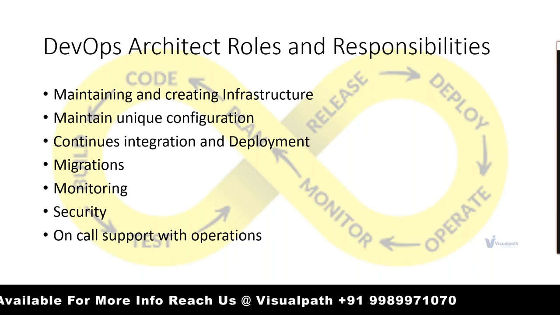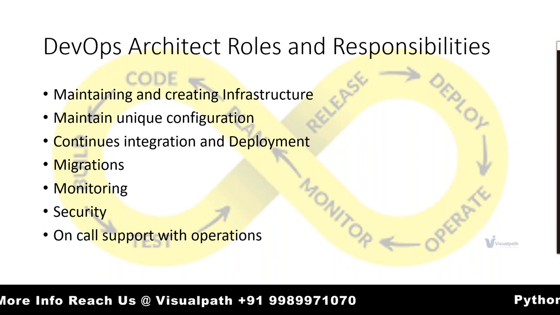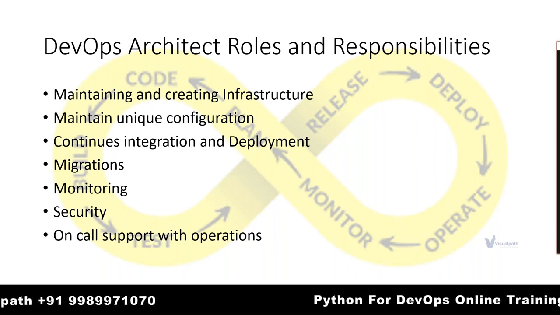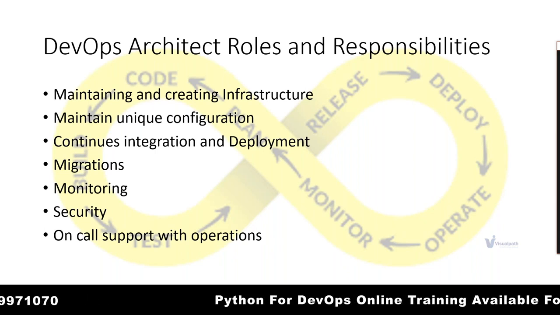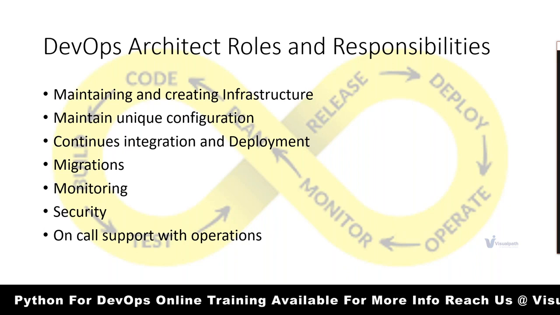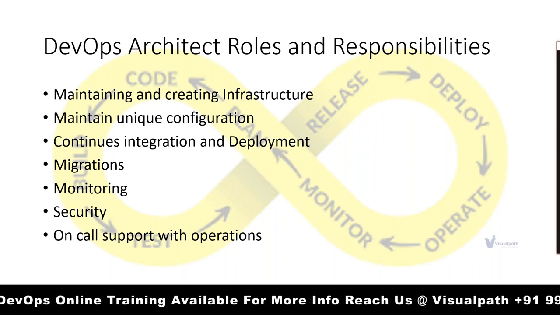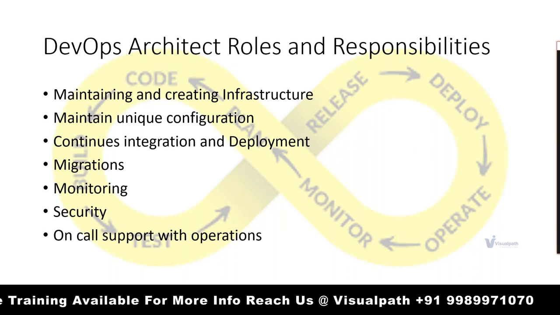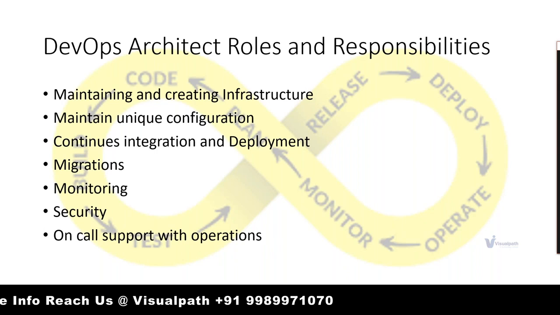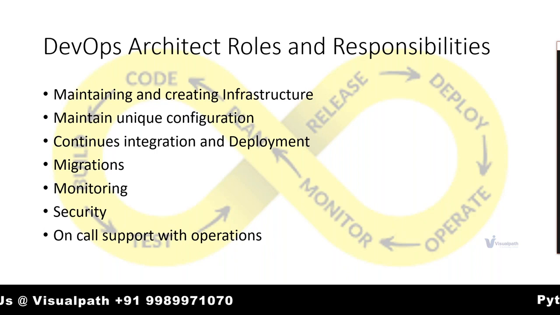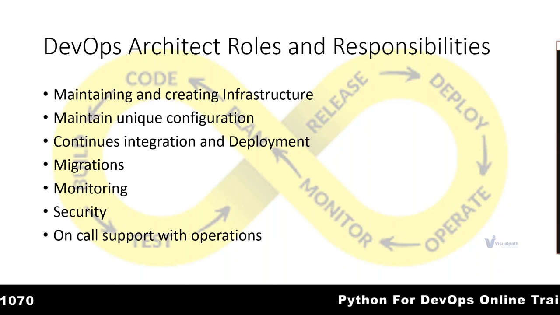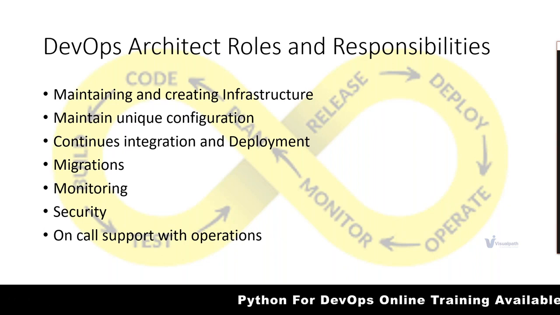Again, monitoring. Monitoring is another major role of DevOps, where the warriors or the support team comes into the picture. You will be writing some automations to monitor all your infrastructure, and whenever a major spike is observed in your graph, you need to work on the infrastructure and make it stable.